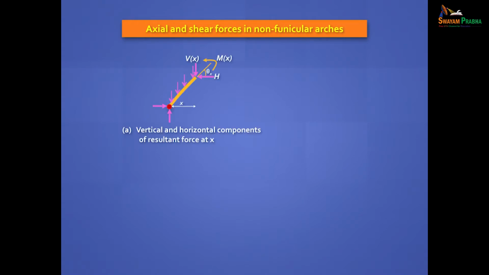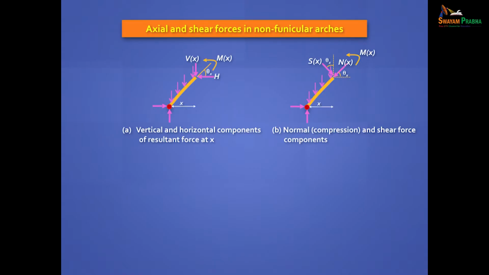If you take any free body of the arch and you've already calculated the vertical reaction and the horizontal reaction, and you know some loading there, then you can find the vertical force here, which is like the shear force in your equivalent simply supported beam, and the same H is coming here. Now, this is one coordinate system and you have a bending moment there.